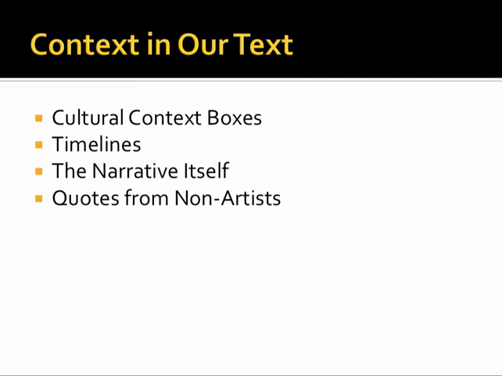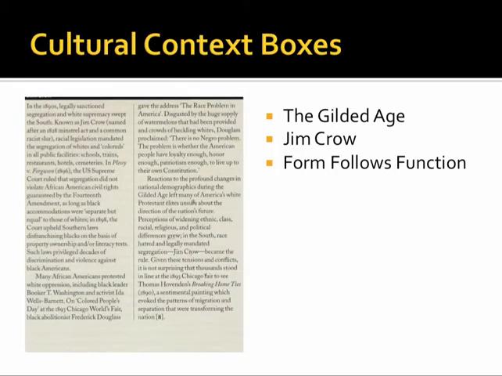The third is the narrative itself, where within her structure of analysis, she constantly returns to and reconnects with culture. And finally, an interesting sort of minor feature is the use of quotes from non-artists to give us a sense of how the ideas of art resonated in the larger culture. Let's take a quick look at each of these.